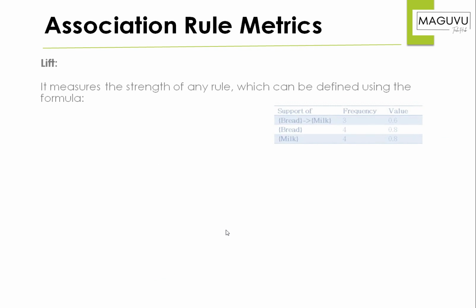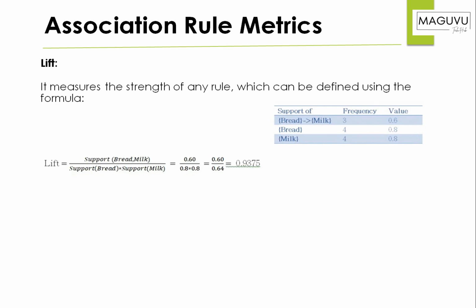Let's look at the last metric, which is the lift. When we are talking about the lift, it measures the strength of any rule. We would want to see how strong the rule is. We could calculate this using the formula for lift. To see the lift of the rule bread and milk, we would say support of bread, milk over the support of bread multiplied by the support of milk.